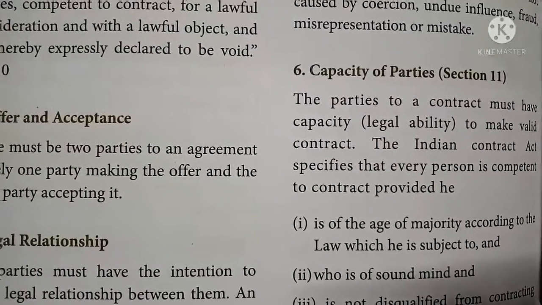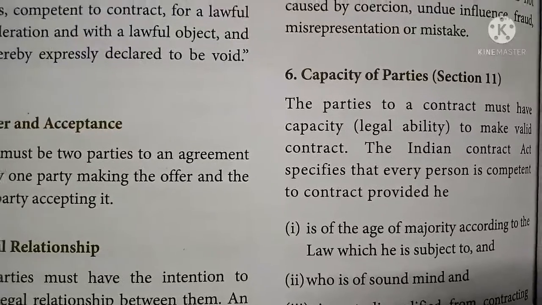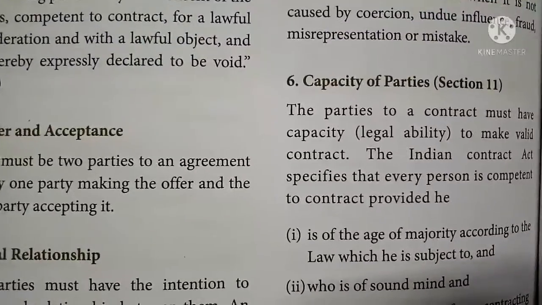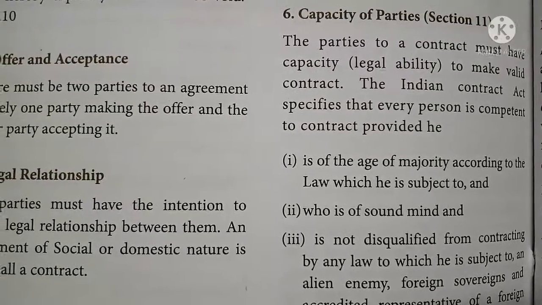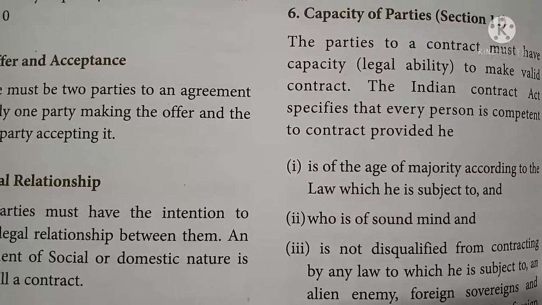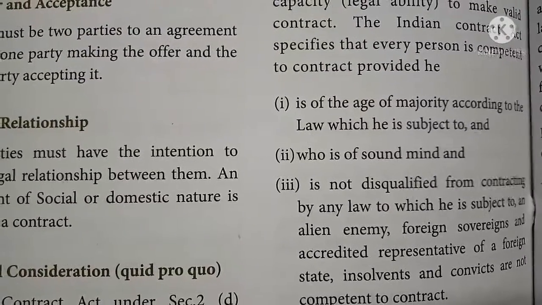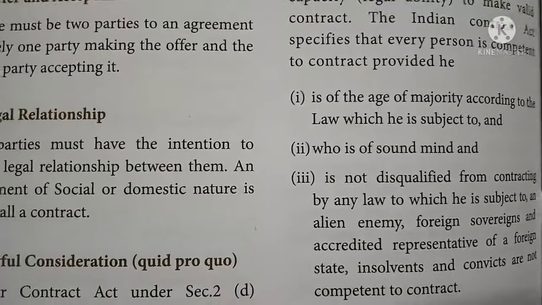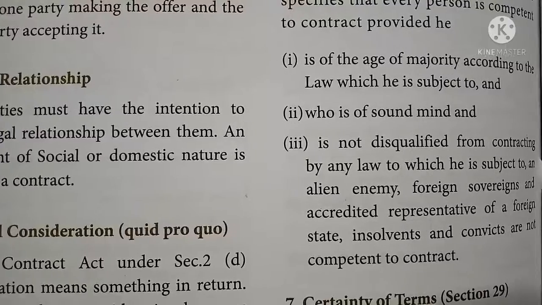Capacity of parties. The parties to a contract must have capacity, that is legal ability, to make a valid contract. So the Indian Contract Act specifies that every person is competent to contract provided he is of the age of majority according to the law, and those who enter into the contract must be of sound mind.